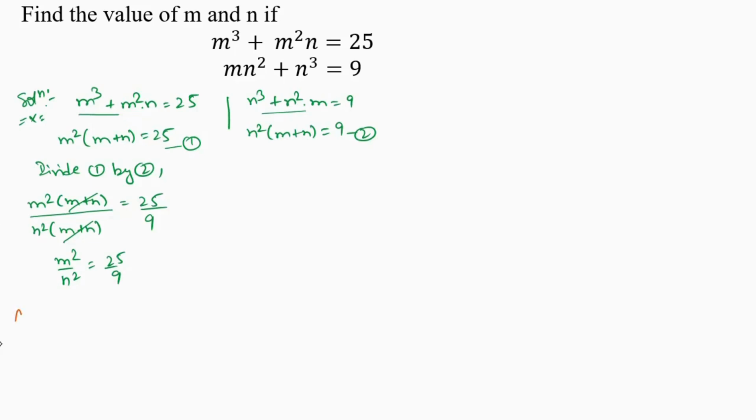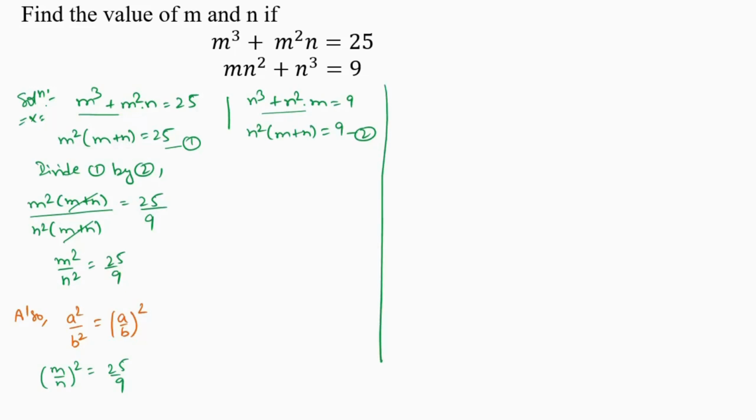And also we know from the law of indices that a square divided by b square can be written as (a by b) whole square. So our equation will become (m by n) whole square equals 25 by 9.